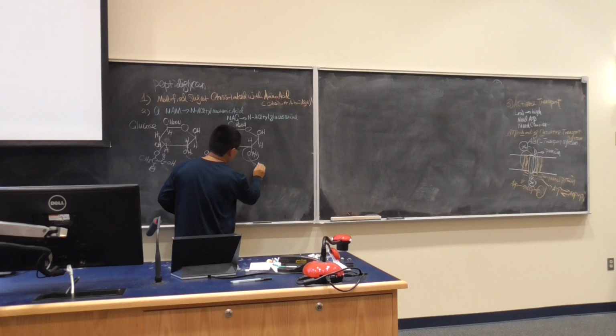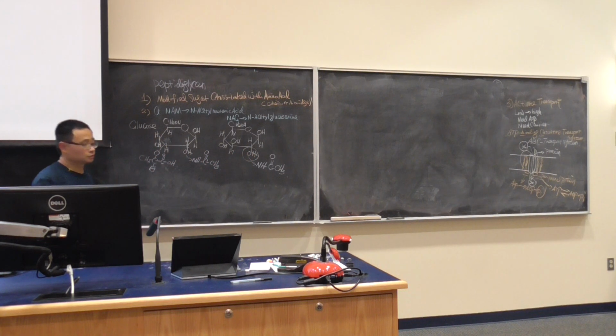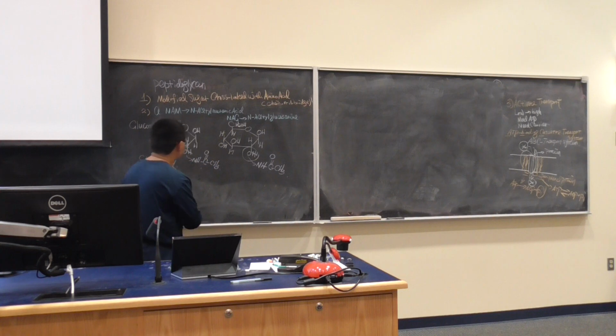Take this group out, and put in NH. N-acetylglucosamine. How are they connected with each other? Carbon number 1 to carbon number 4: 1,4 glycosidic bonds.